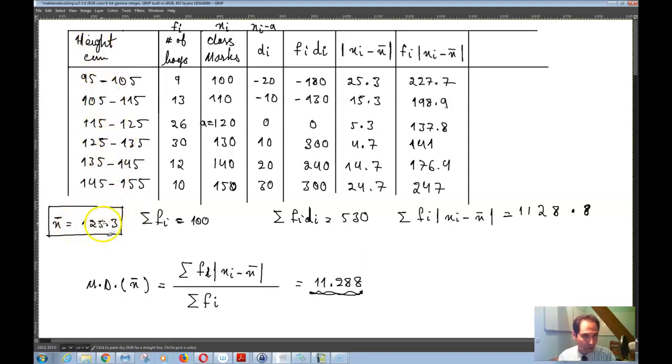Their height was about 125 centimeters, and everybody else was on average either 11 centimeters taller or 11 centimeters shorter, but not much less or more than that. So that's number 10, 11.28. That is the correct answer.